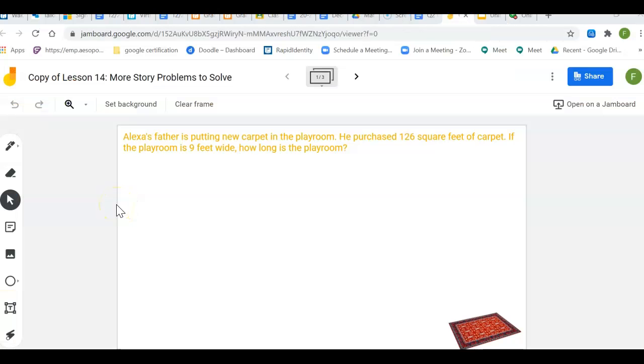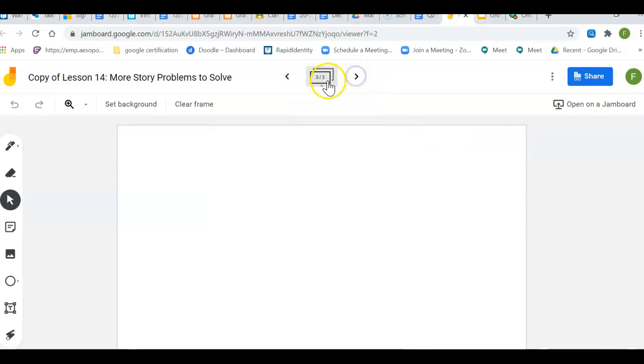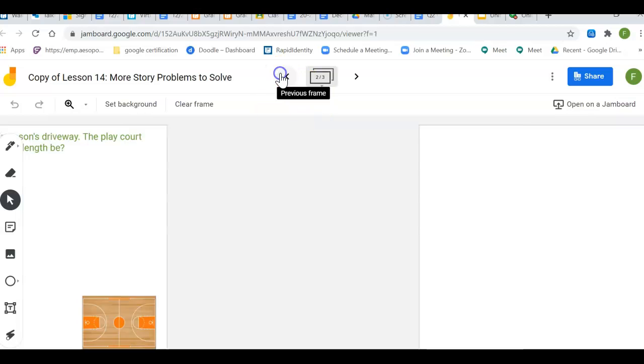So this again is going to be independent work, and there are 2 problems on here. So if you go at the top, I know it says 1 of 3. This is the first one, this is the second one, the third one's actually blank. So we just got a blank one up there, just in case we needed to do more practice on that blank canvas there.